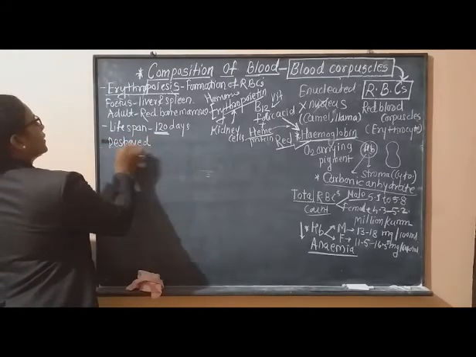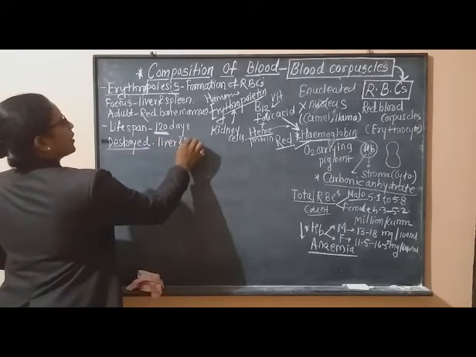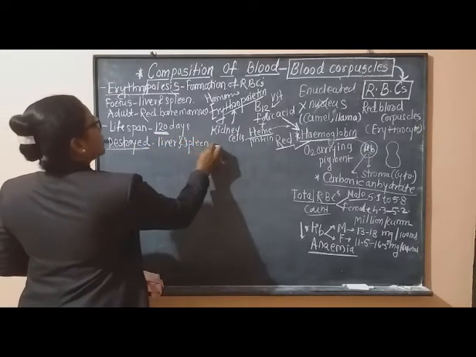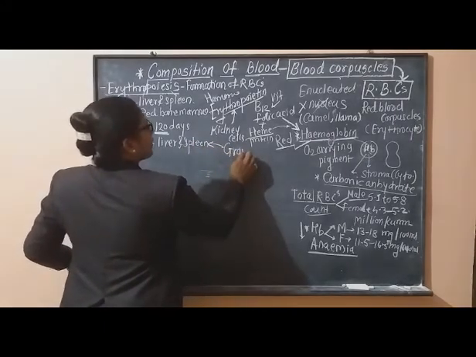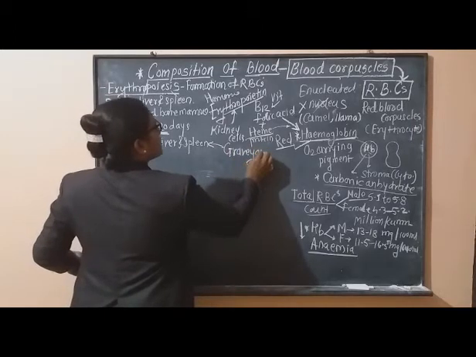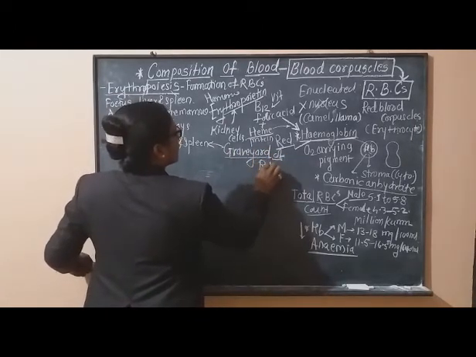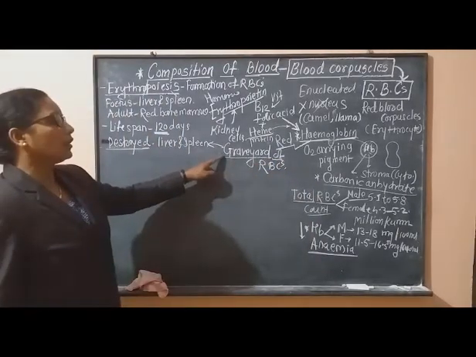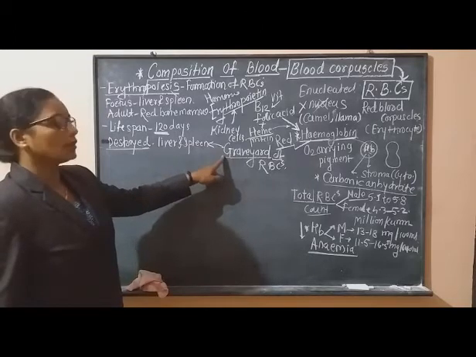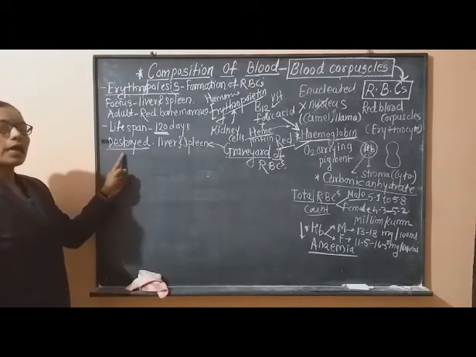Where are they destroyed? They are destroyed in our liver and spleen. Hence, these two organs are called the graveyard, that is the destroyer, of the RBCs. A single sentence question may be asked: name the graveyard organs of the RBCs. That is liver and spleen, where non-functional RBCs are destroyed. Okay.